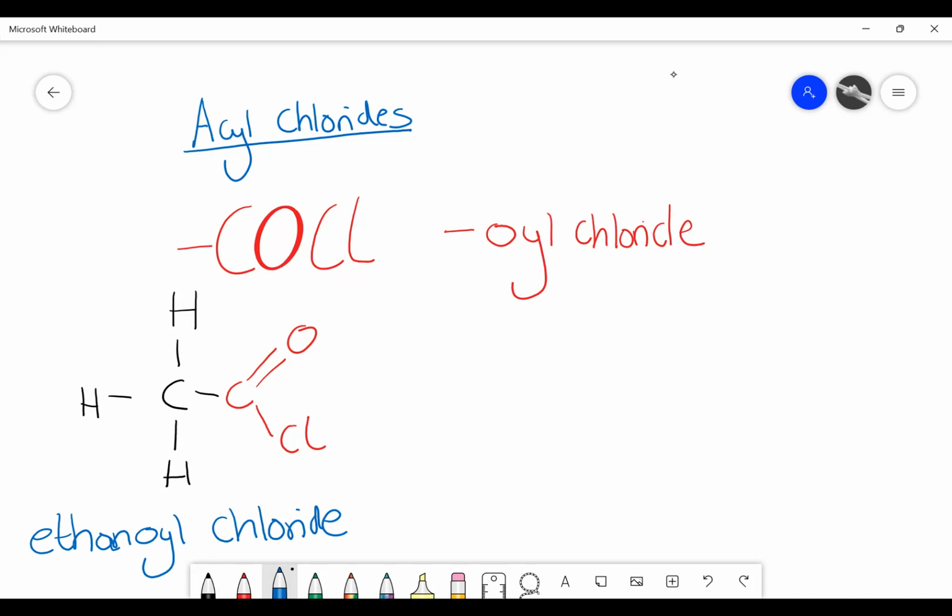And another one I'm going to draw for you, and we'll look at naming that one straight away. Now, this molecule is going to have 5 carbons on it.